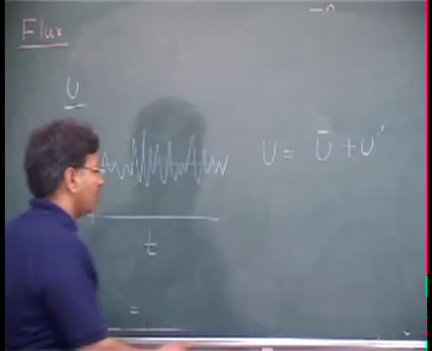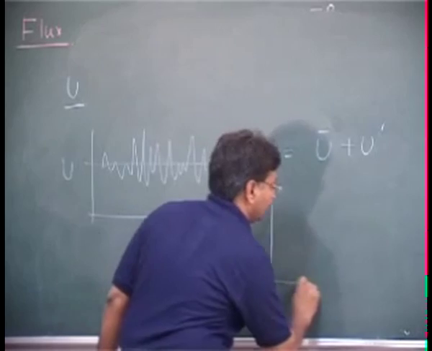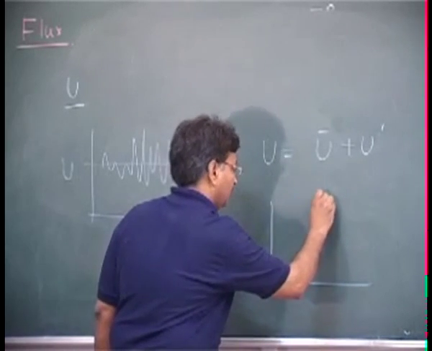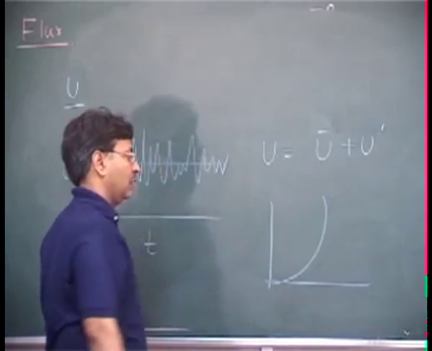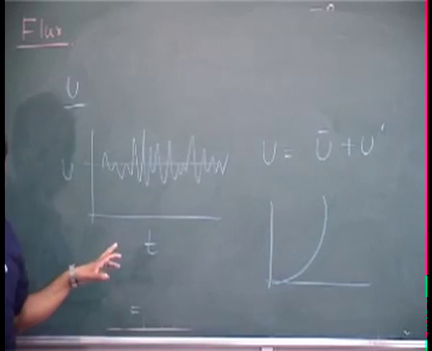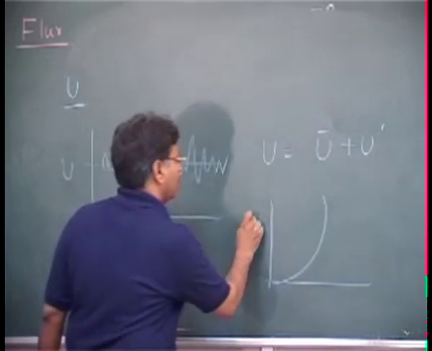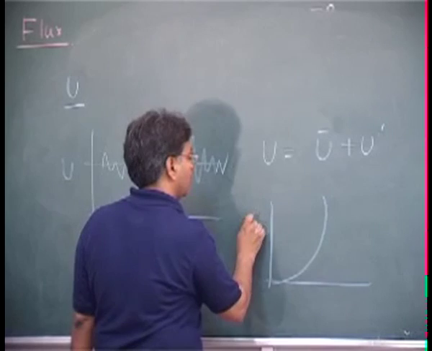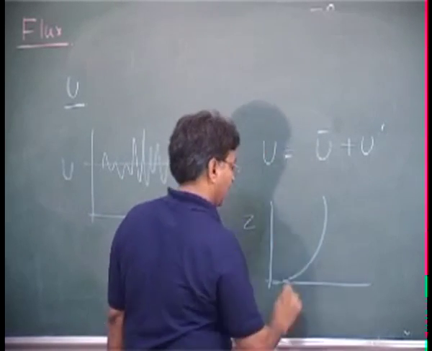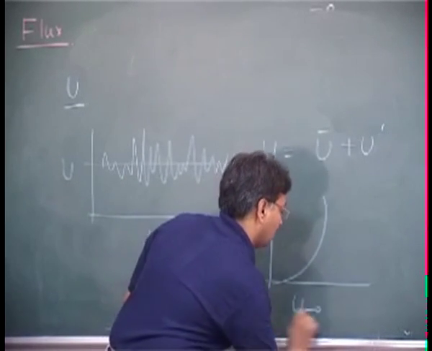The other thing which I can tell you is the wind profile will be like this in the atmosphere. This is your Z, and this side we are plotting U. Okay.